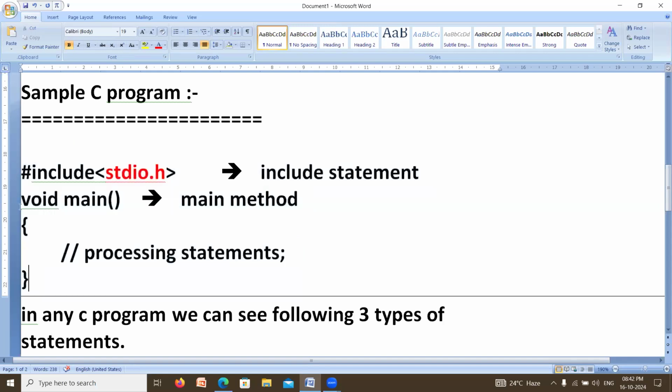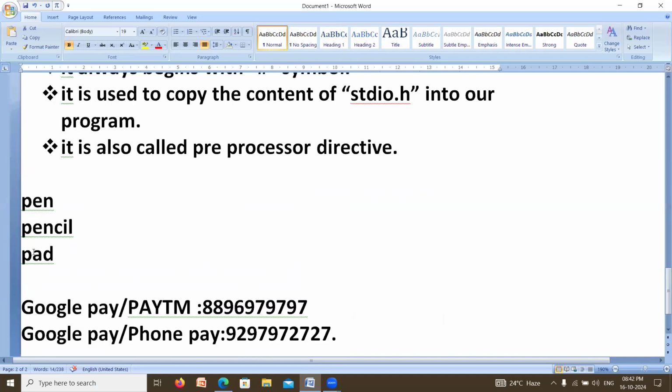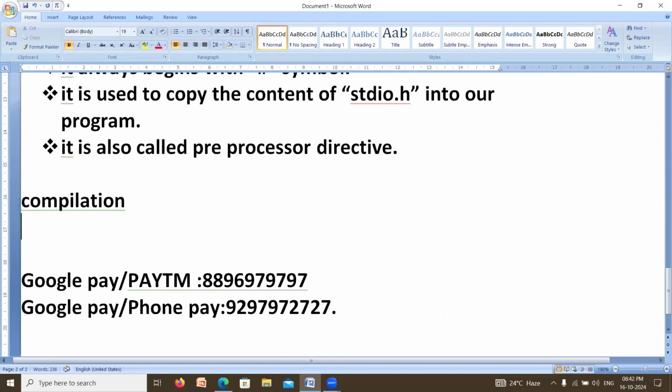Now we need to convert this English into machine understandable. That process is called the compilation process. Once the compilation is done, your program will be converted into machine understandable form. Then the machine can understand, and your program will be executed. That program execution is called program running.